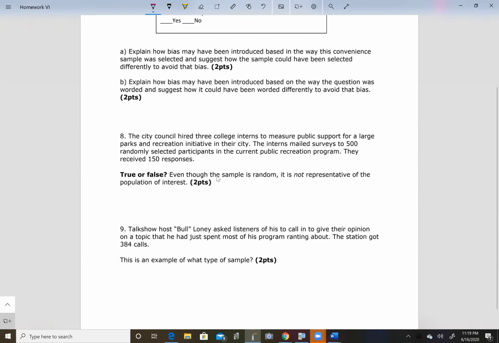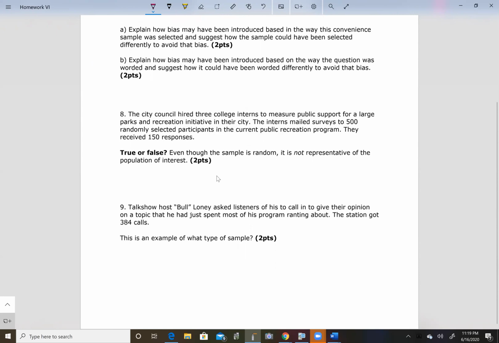Part 9, talk show host Bull Baloney asked listeners of his to call in to give their opinion on a topic they had just spent most of the program ranting about. The station got 384 calls. This is an example of what type of sample? That is a volunteer sample.